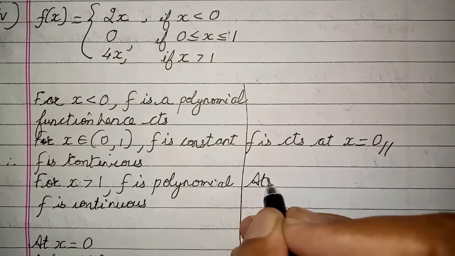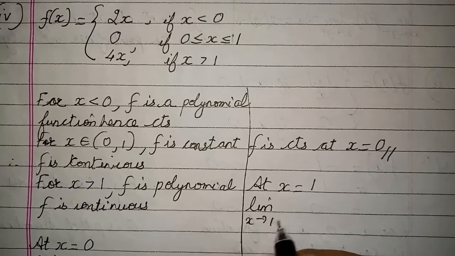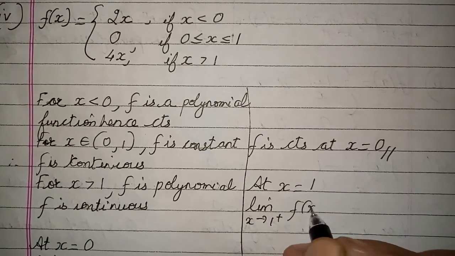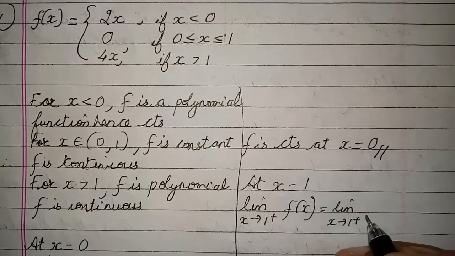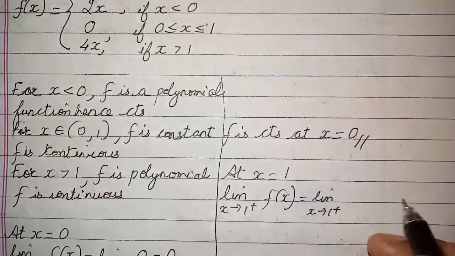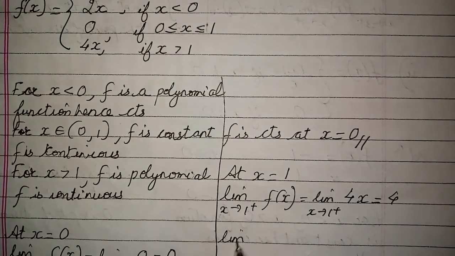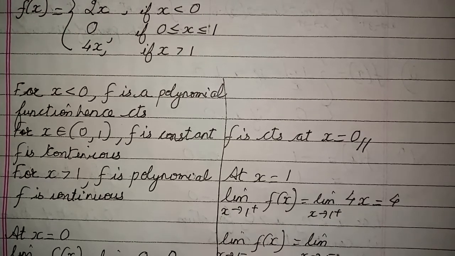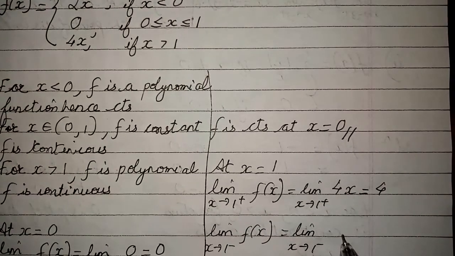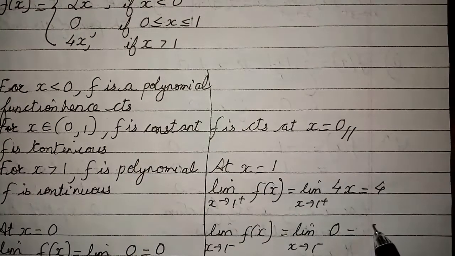So I can say f is continuous at x equal to 0. Now at x equal to 1, limit as x tends to 1 plus of f of x is equal to limit as x tends to 1 plus of 4x, so it is 4 into 1, 4. Limit as x tends to 1 minus of f of x: 1 minus means less than, so it is 0.